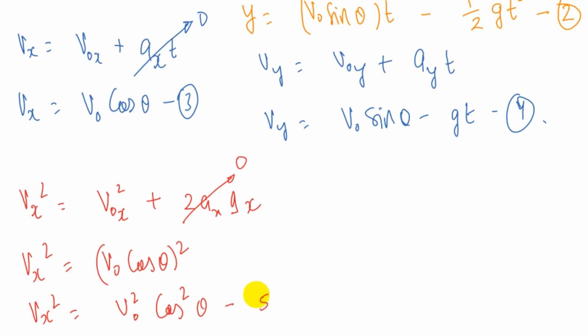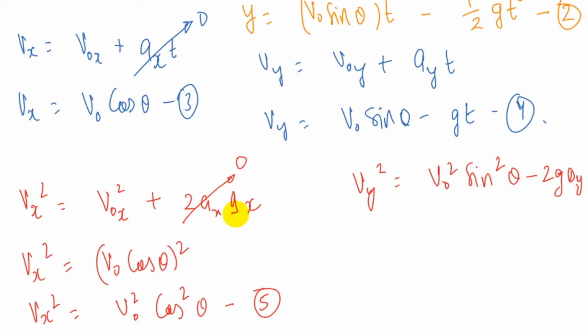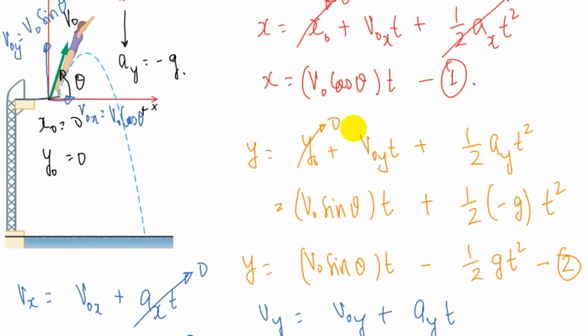This is our fifth equation, and the final one in the y direction we have vy squared is equal to v0 squared sine squared theta, then we have 2 ay delta y this time. So this would be minus 2g delta y, because this time ay replaces ax, and ay we have minus g, that is why minus 2g, and delta x is replaced by delta y. So this is the final equation of motion for this case.